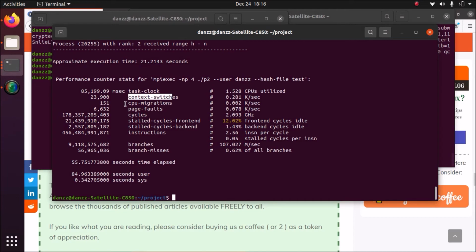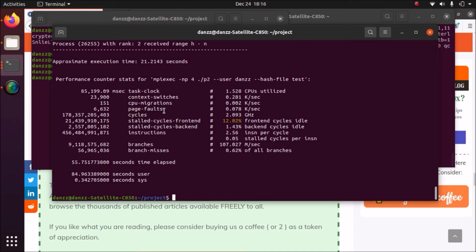And CPU migrations, I am not really sure about the CPU migrations, I will have to look it up. But it is not as relevant as some of the hardware events like cycles, stalled cycles, and branches and branch misses.